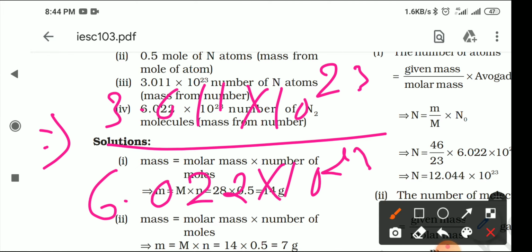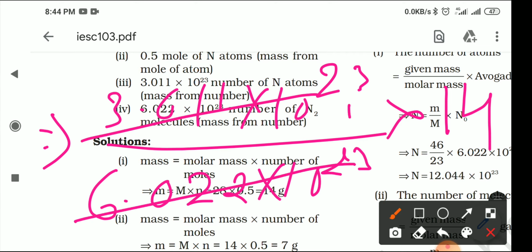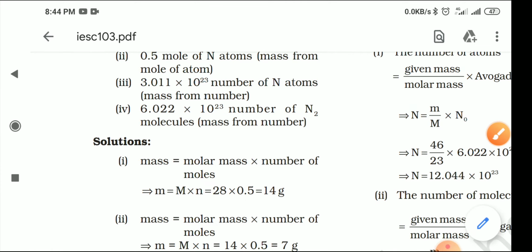Then we multiply this by the mass of the N atom, which is 14. When we divide, this will be 1 by 2, that is 0.5, and when you multiply 0.5 by 14, it is 7. So the answer will be 7 gram in this question.